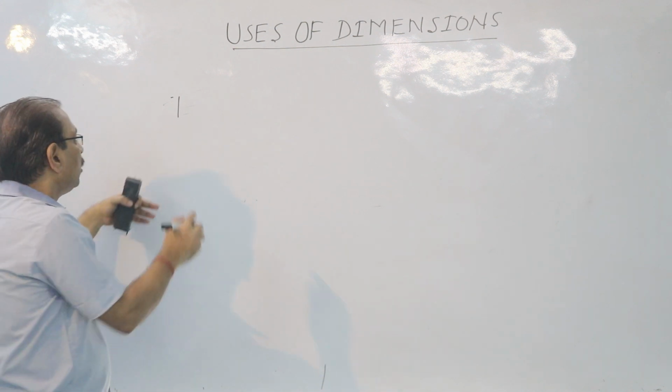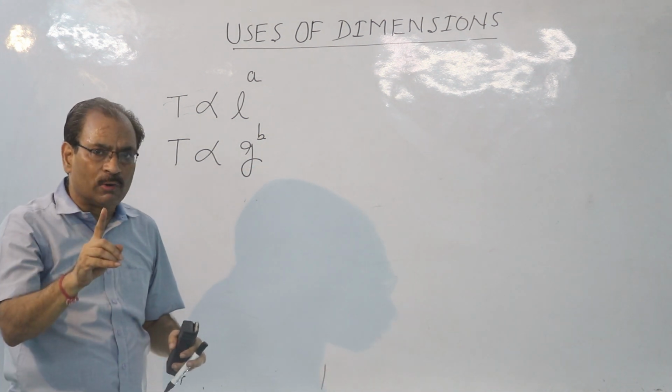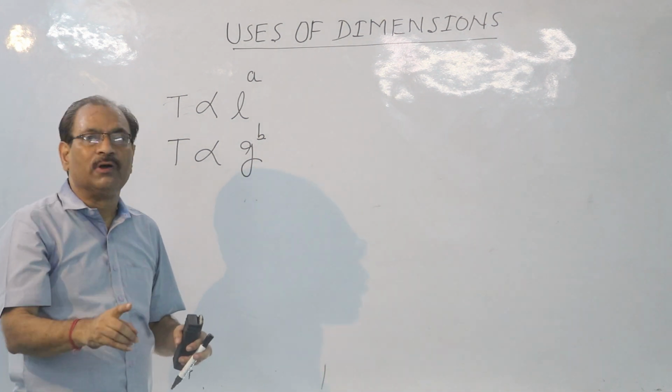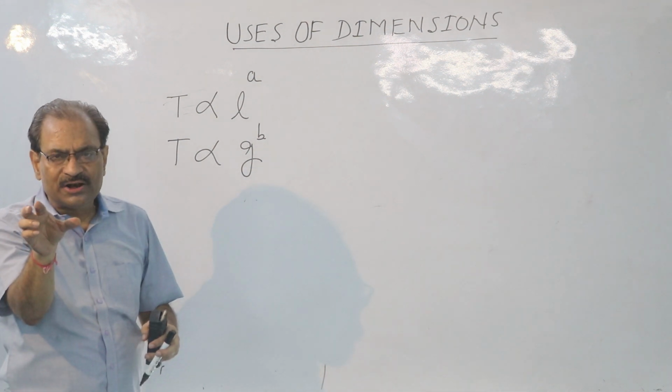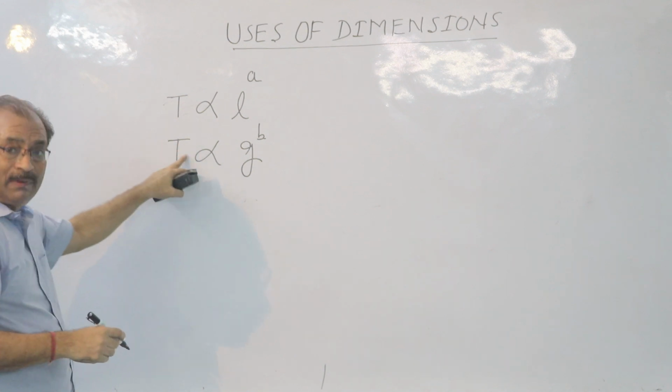For example, the time period depends upon the length of the pendulum, let the power be A. And the time period may depend upon acceleration due to gravity, let the power be B. So the first step is important to understand. We shall be given that a particular physical quantity depends upon how many quantities. Step number 2.